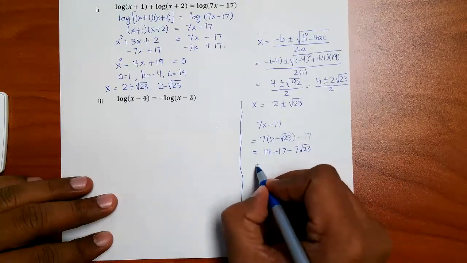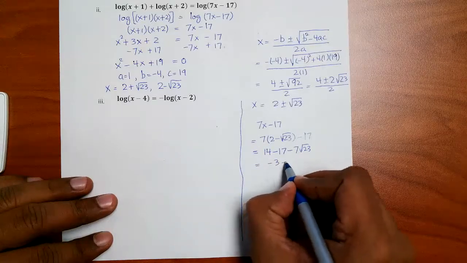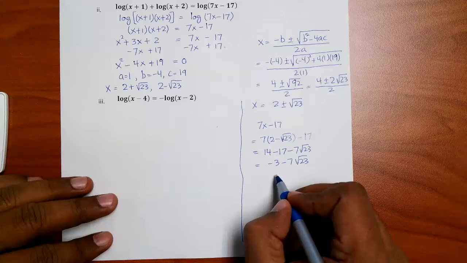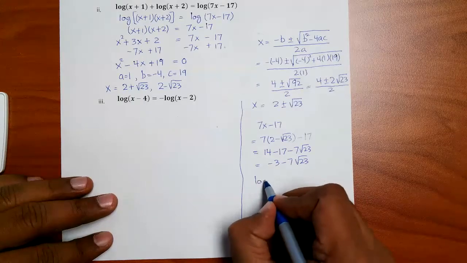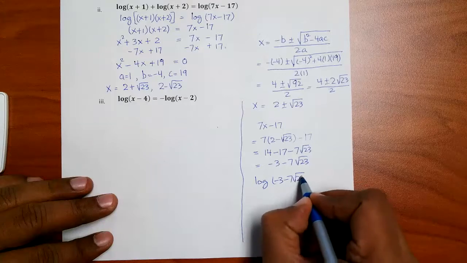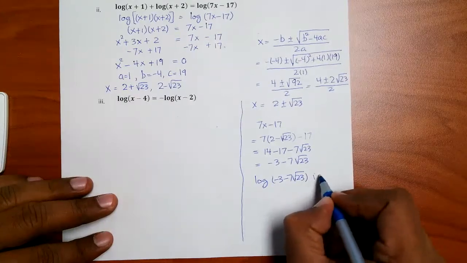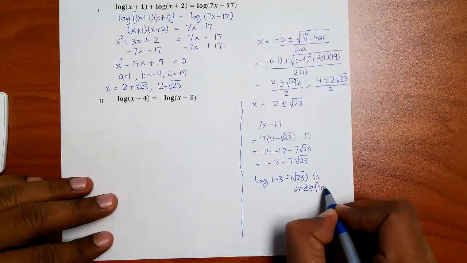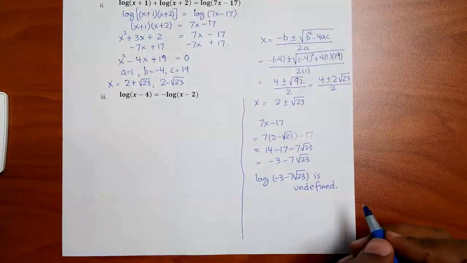So this is going to be a negative number, minus 3 minus 7 square root of 23. And so log of that negative number is undefined. Okay, so I can say that this cannot be the valid solution.